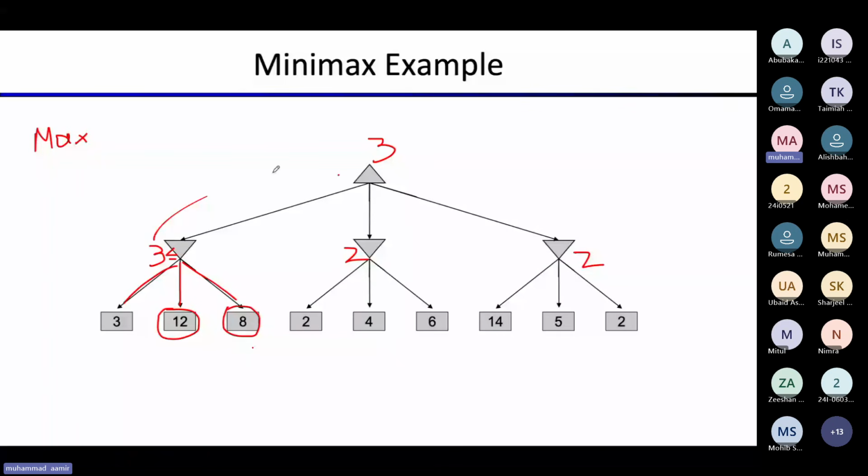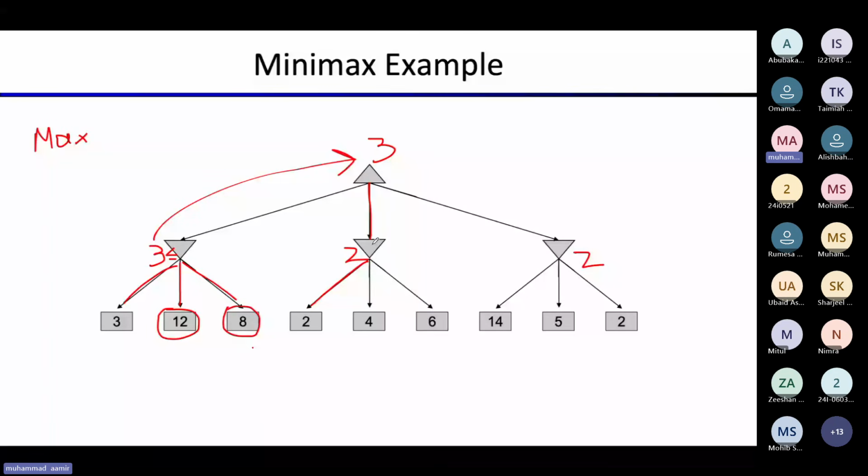When max comes here, max will say, okay, what value can I get from this branch? And the min player will say, the first value we got is 2. The max player will think, okay, if min has taken the 2 value first, now min will only allow an override value which is less than 2.